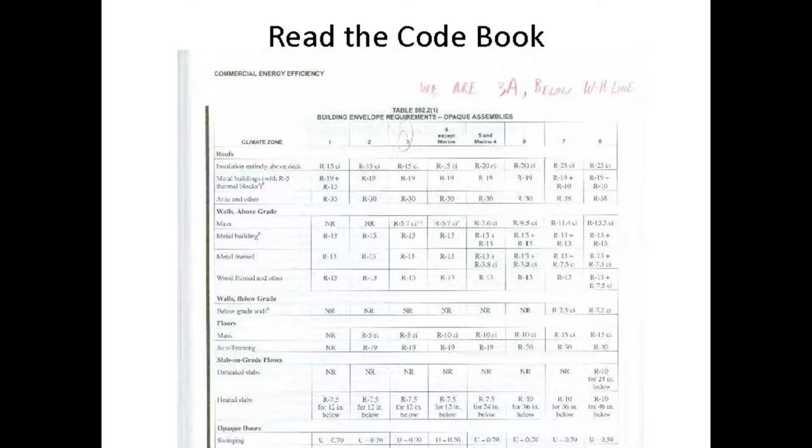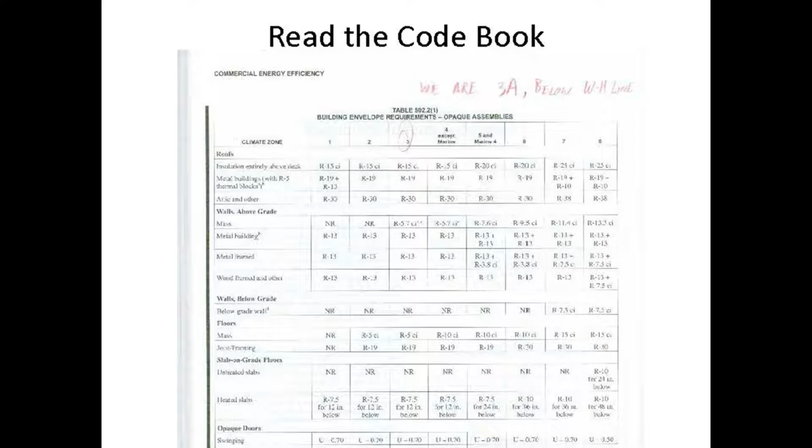First step is to read the code book. We are in climate zone 3, and this table tells you how much insulation you have to use in your house or commercial building. For us, we usually have an attic, so this code book says R30, but R30 is a thickness of that pink stuff you roll out in your attic.